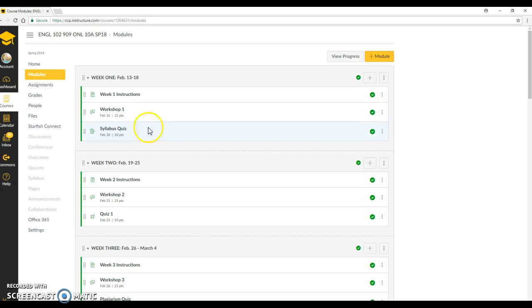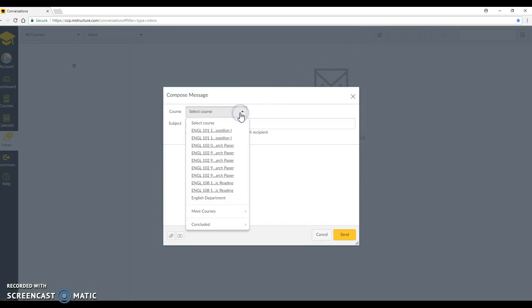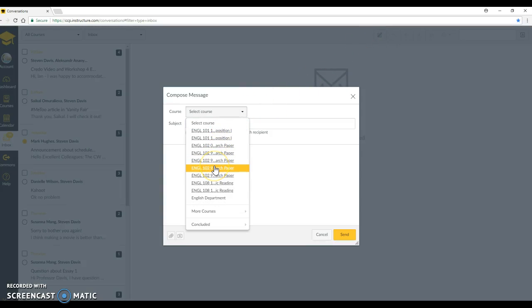If you have any questions, you can always go to your inbox, go up to the Compose icon, select the right course. It's going to be only one for you, so it'll be easier to find.